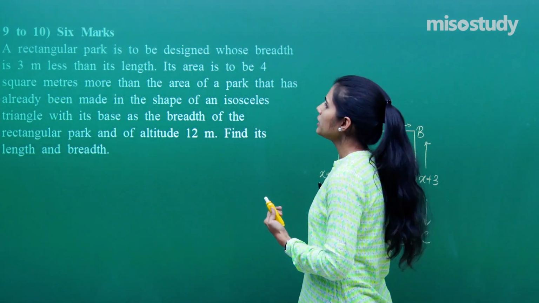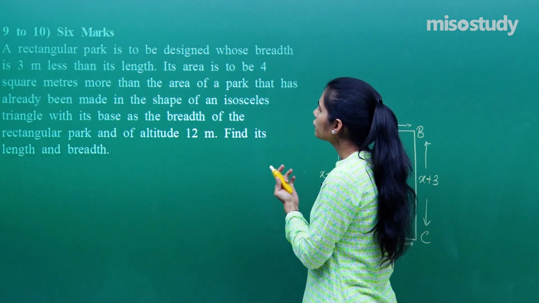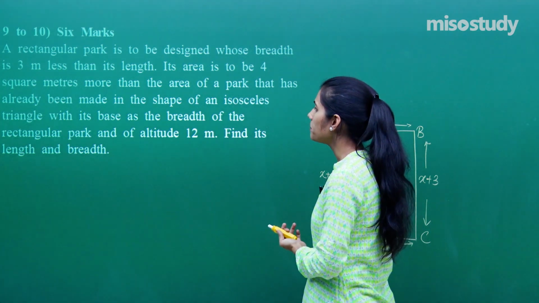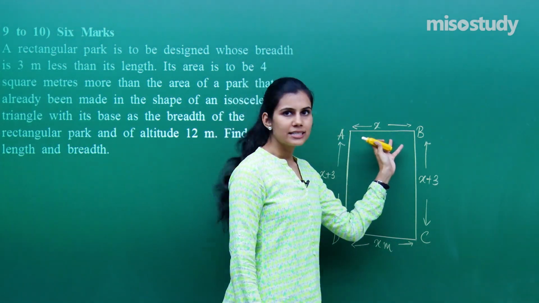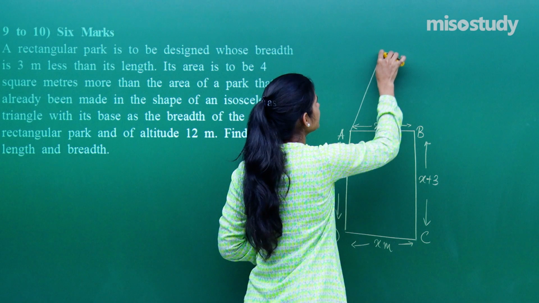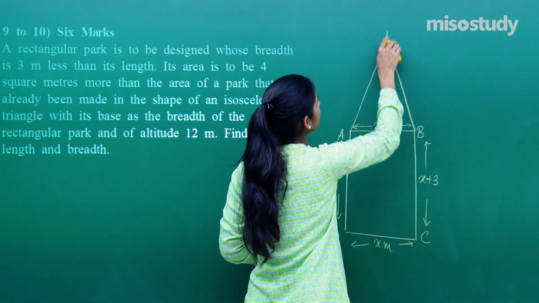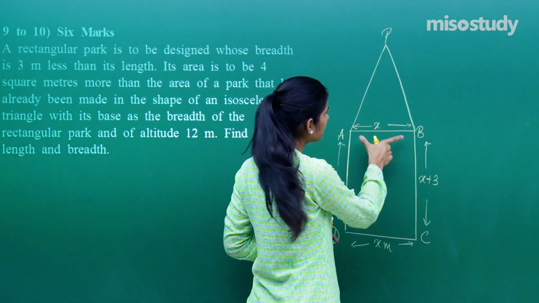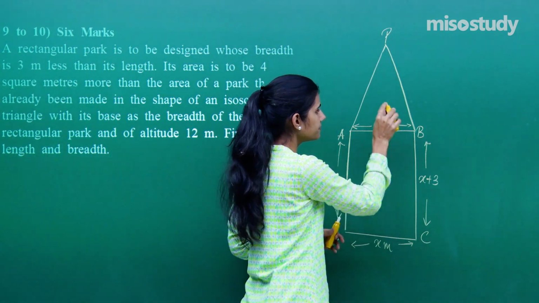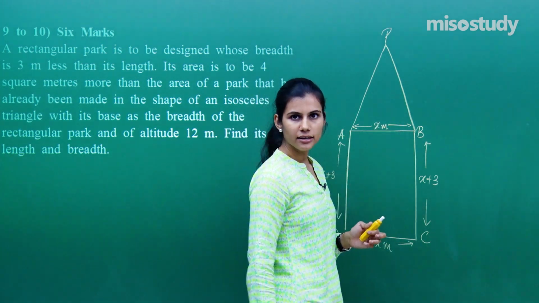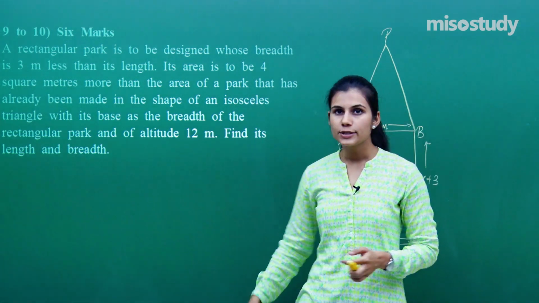Its area is to be 4 square meters more than the area of a park which is made in the shape of an isosceles triangle with its base as the breadth of the rectangular park. Keeping the base of the triangle as the breadth of the rectangular park, an isosceles triangle is made. That means the base of the triangle is x meters, and it is also given that the altitude of that triangle is 12 meters.